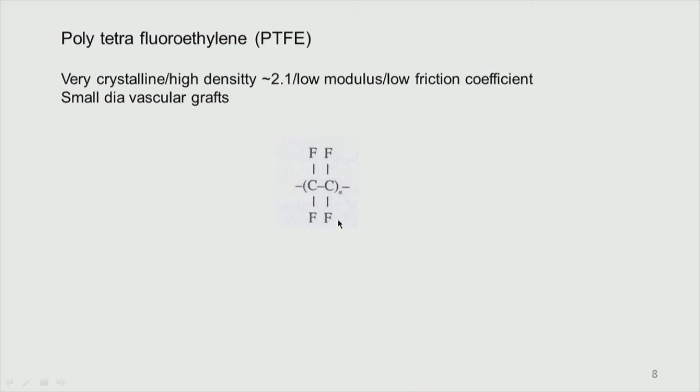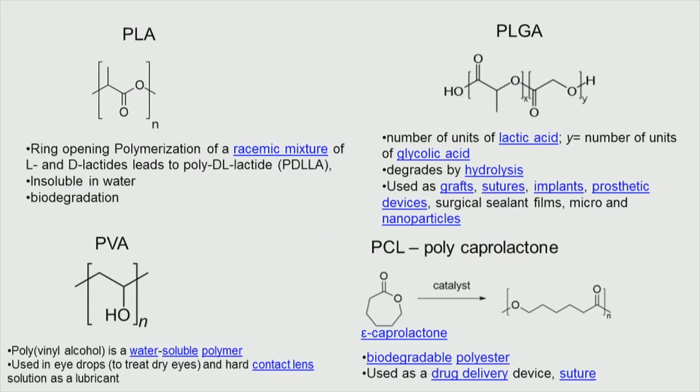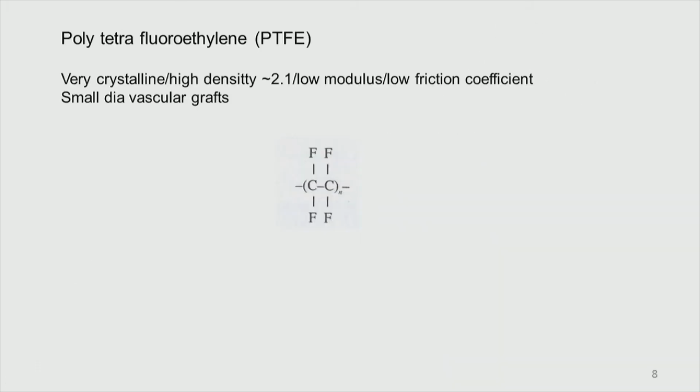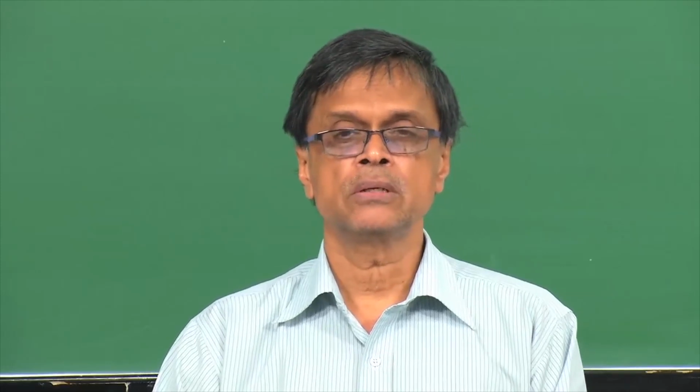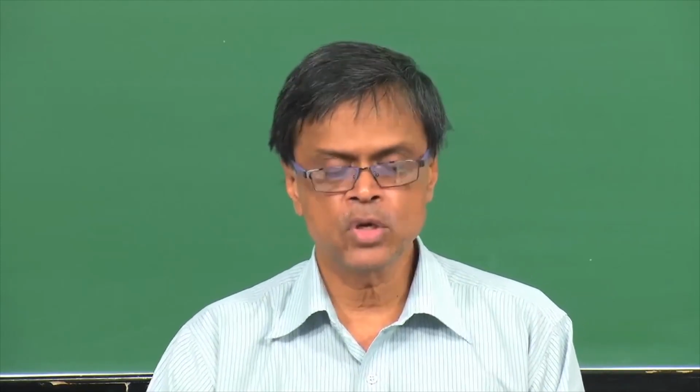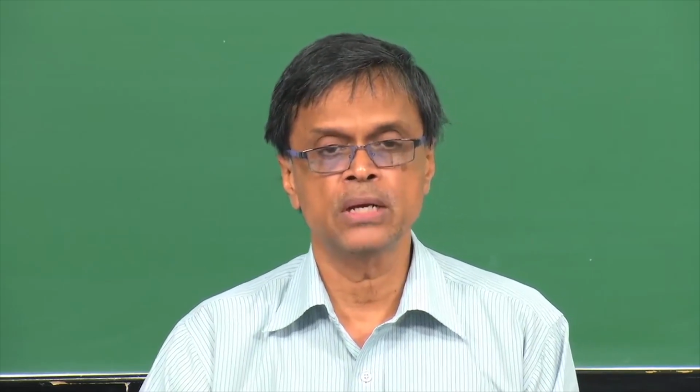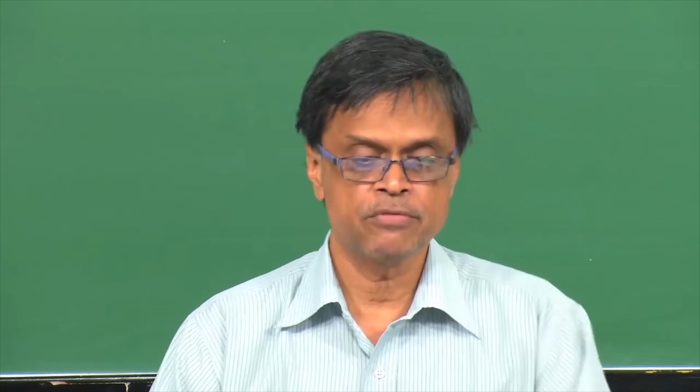Polyvinyl chloride is also very inert, it is used for short duration applications, maybe drain tubes and so on. Because it is very inert, it is not used for many other purposes, especially tissue engineering type of application.